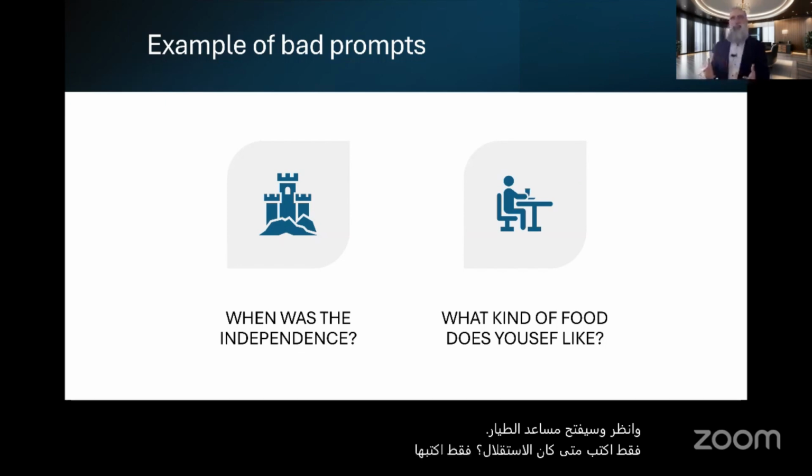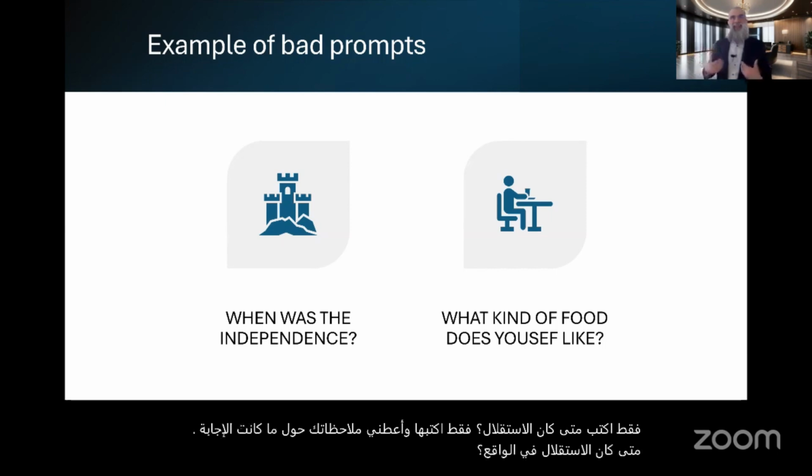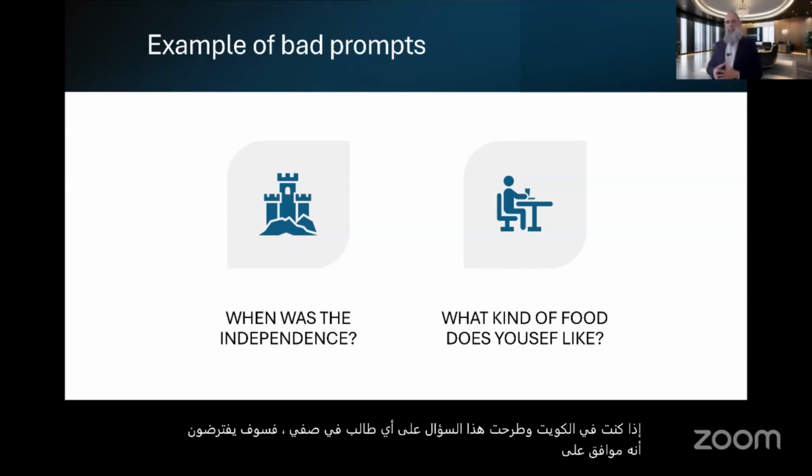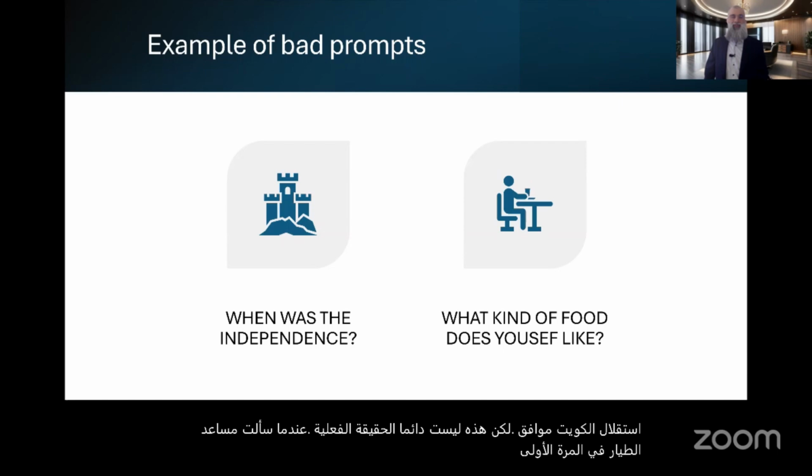When was the independence? If I am in Kuwait and I ask this question to any student in my class, they will assume the independence of Kuwait. But this is not always the actual fact. When I asked Copilot the first time, it gave me the Independence Day of the United States. I said no, so it's very generic.